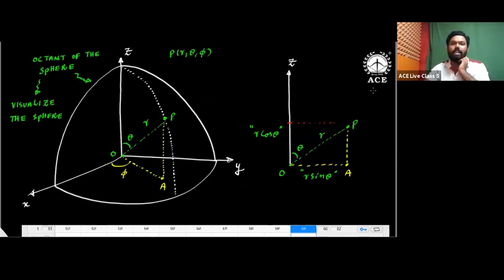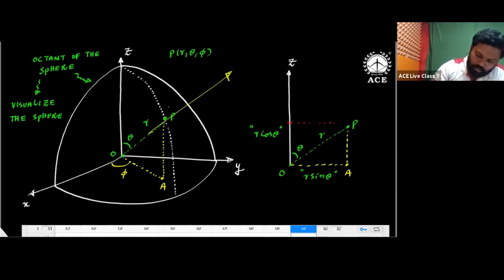I want to decide the directions of the unit vectors. What is the direction of the unit vector? Suppose I want to decide somewhere here. R is radially outwards. Theta is tangent at this point. Phi is tangent at this point. What I mean to say here is, let me show you.